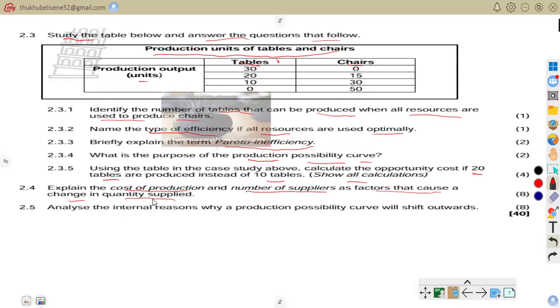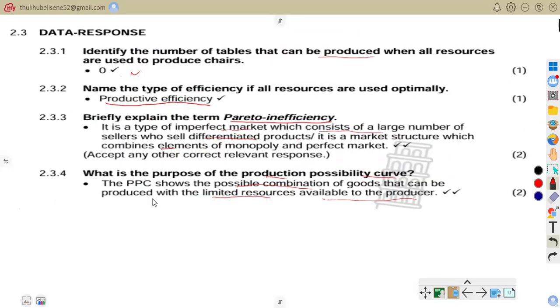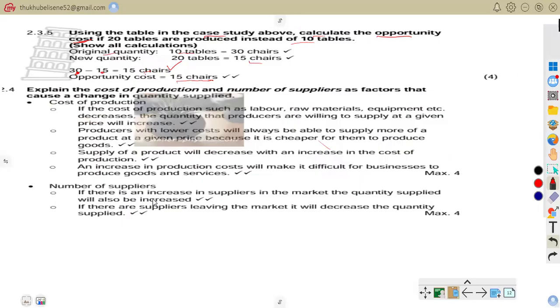That is how we can explain the cost of production and number of suppliers as factors that cause change in quantity supplied. If the cost of production, such as labor, raw materials, equipment, etc., decreases, the quantity that producers are willing to supply at a given price will increase.